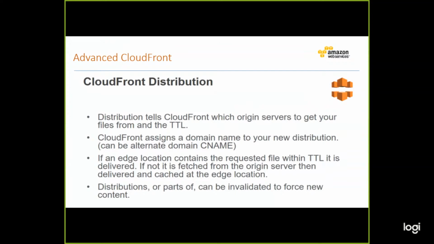Great. Now, what is the distribution? The CloudFront distribution tells CloudFront where our origin server is to get our files from. Then the time for that case to go live is going to be one of the criteria of that distribution. CloudFront automatically assigns a domain to your new application. Great.